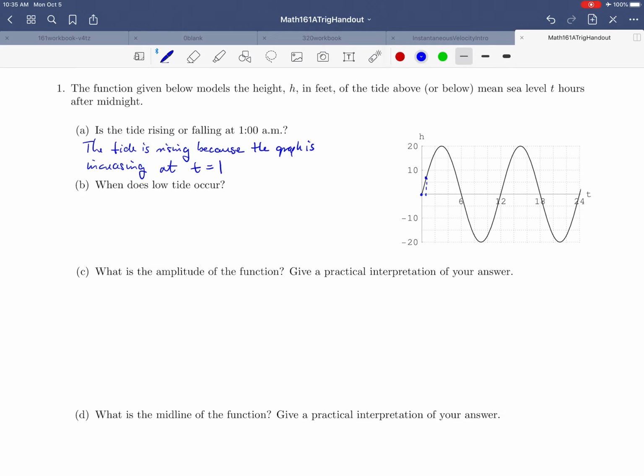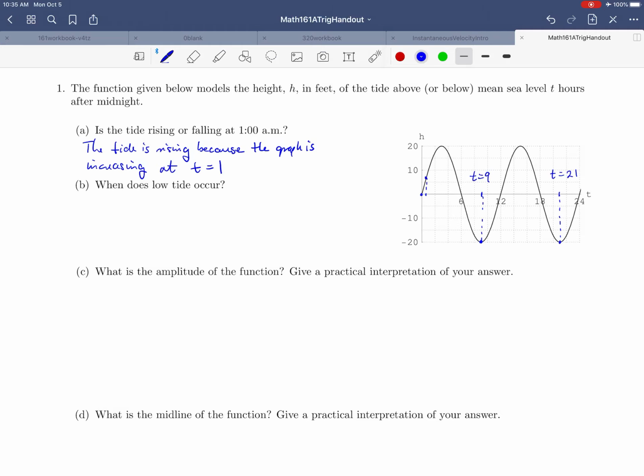Now the second question they're asking us is, when does low tide occur? Let's see, so the lowest sea level that we see happens right there. We have the minimum point on our graph, and that happens actually twice. So we are reaching the lowest point twice, and tracing back to the time when these two low points are reached, we can see that's about at t equals 9 and at t equals 21.